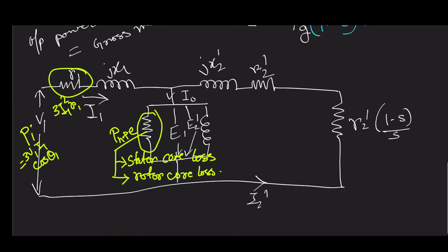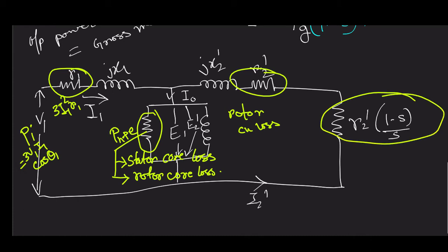Then we subtract our rotor copper loss. We get this as gross mechanical power.